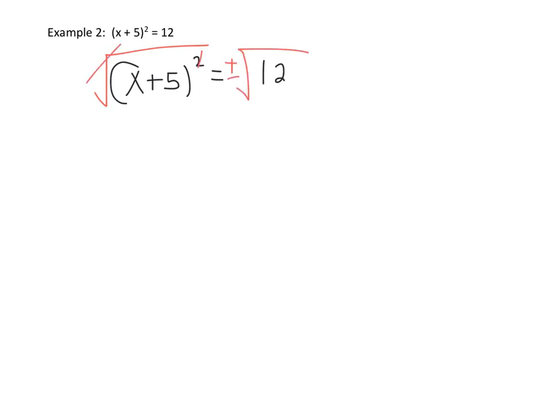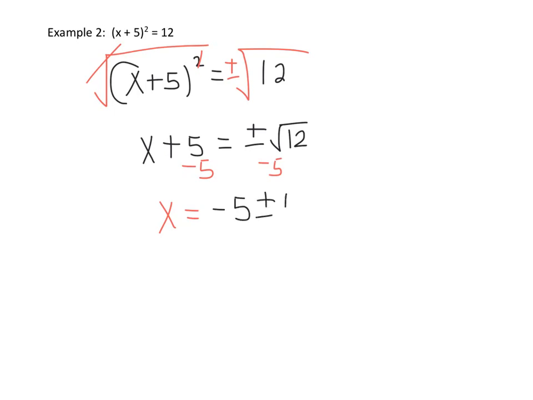This is gone, so I'm left with x plus 5 is equal to plus or minus square root of 12. Then I can subtract 5, so I get x is equal to negative 5 plus or minus square root of 12. I need to simplify this radical.